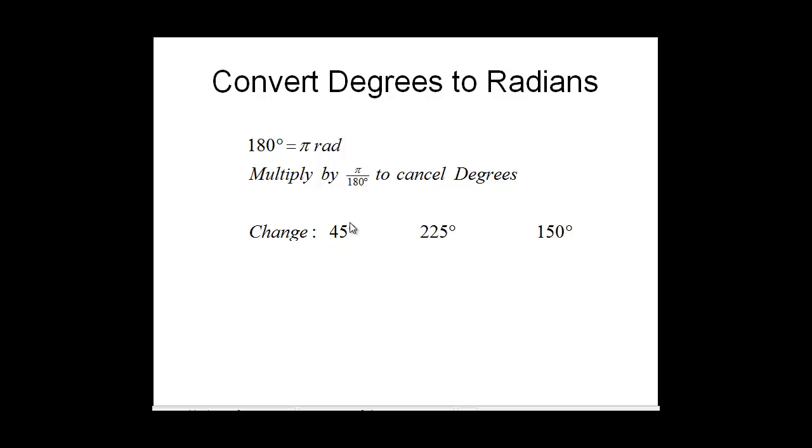So if you take 45 degrees and multiply by this fraction right here, 45 times pi divided by 180, you should get pi over 4, because 45 goes into 180 4 times.